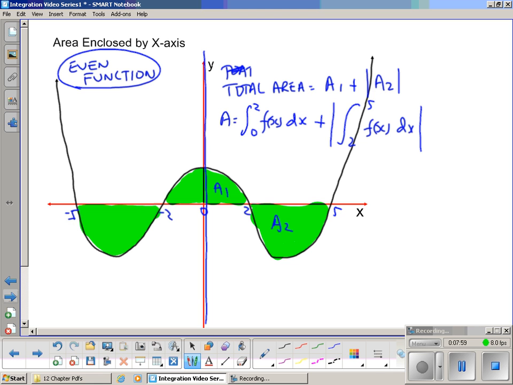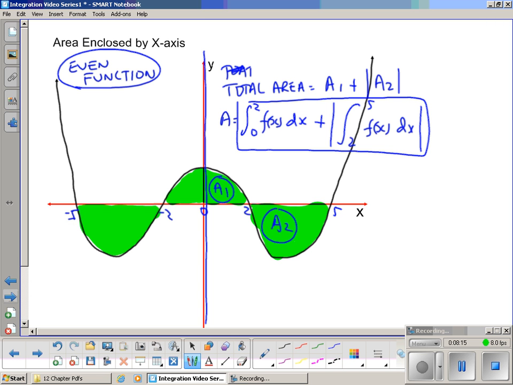So we've got to be careful: anytime we might get a minus result, we have to take the absolute value of it. Now this section that I've written out here, I'll put a big box around, is only talking about area 1 and area 2 on the right hand side.